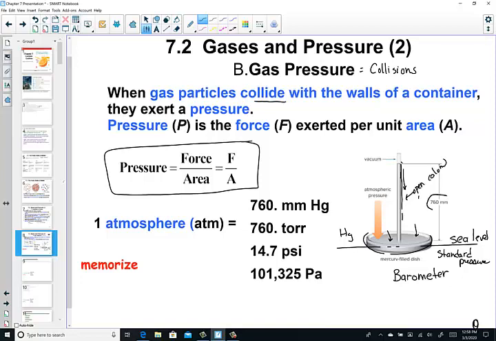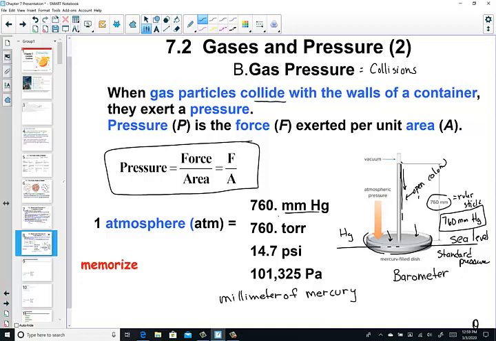Now notice this right here. If I happen to pull out a ruler stick and I measured the height of the mercury column at standard pressure, it would read 760 millimeters on my ruler stick. And so one of the very common units for pressure is mmHg, which stands for a millimeter of mercury, reading right off of the barometer's ruler stick.